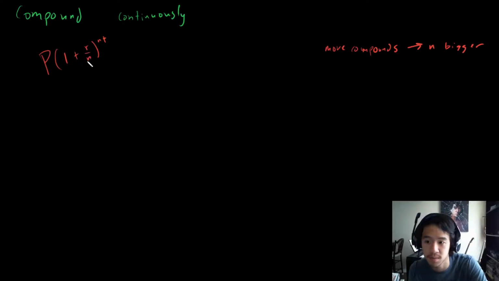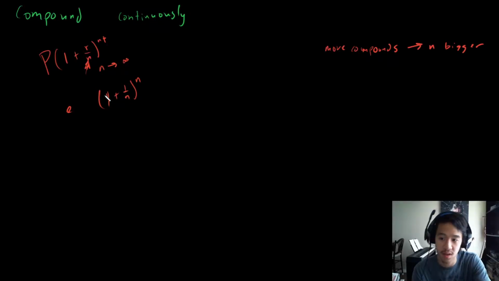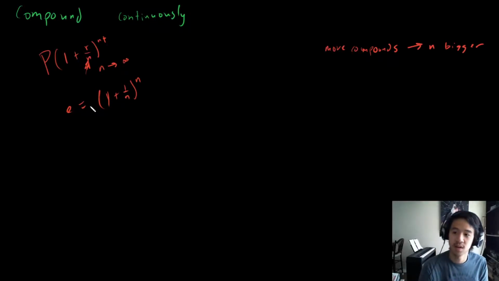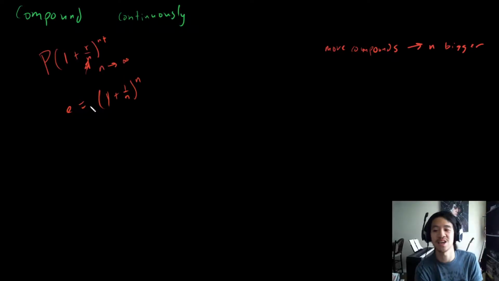Well, this fraction gets really, really small. Or you know what? We could say n goes to infinity. So if you remember, e is this fraction whenever n is going to infinity. This is e. So maybe we have e here somewhere.